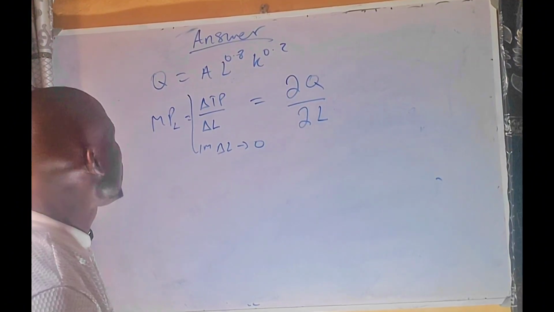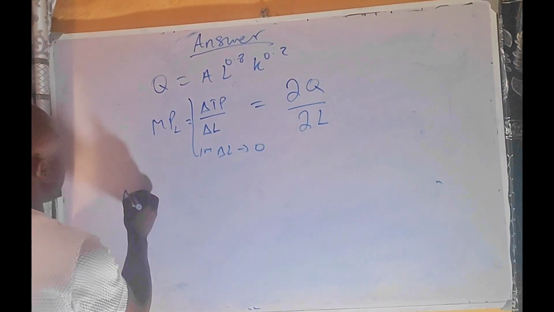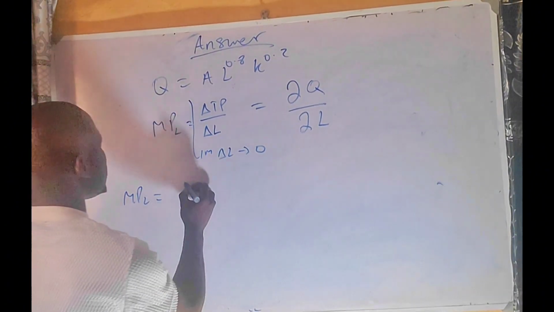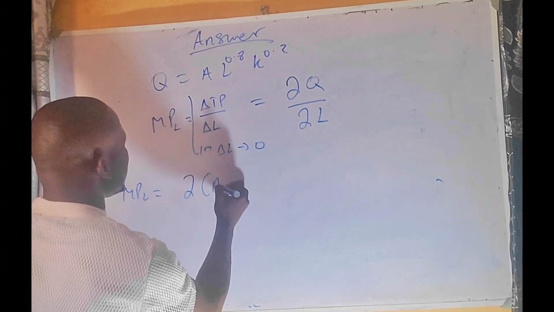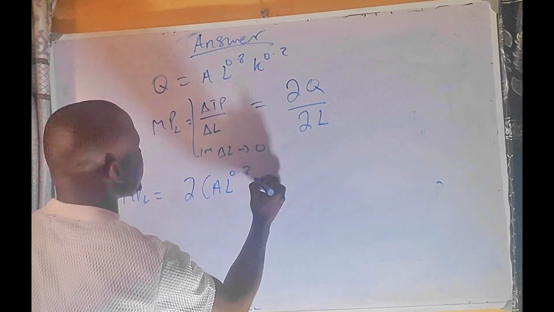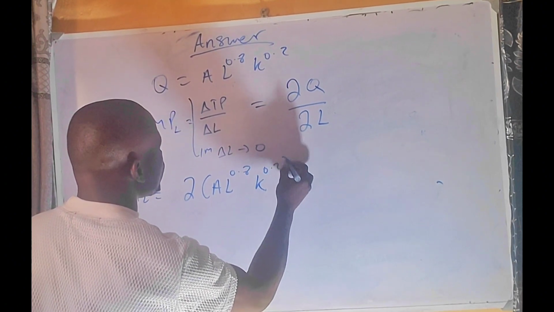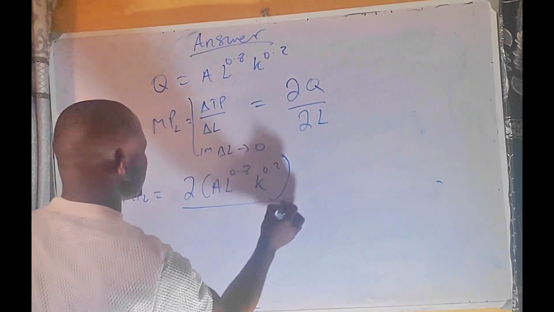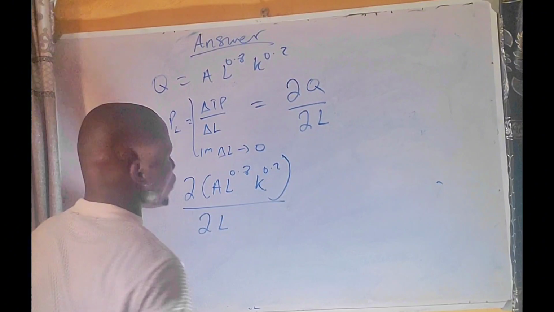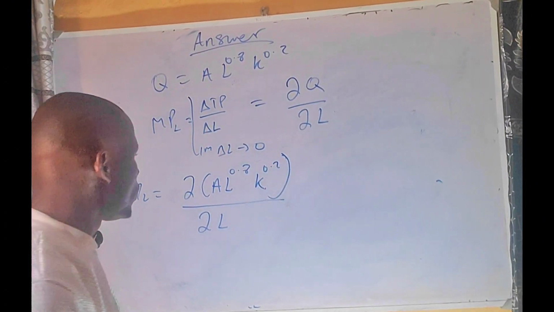So our marginal product of labor will be equal to the derivative of Q, which is A L^0.8 K^0.2, with respect to labor.